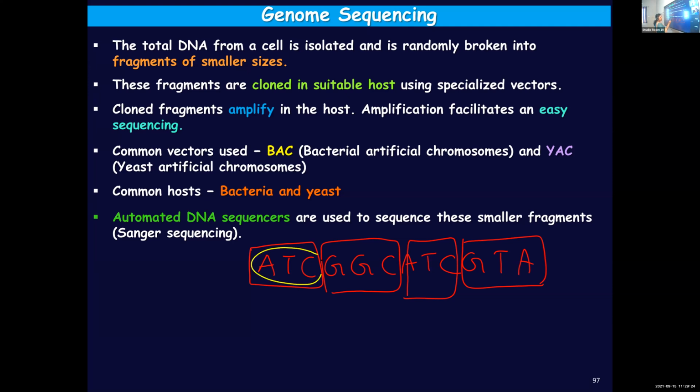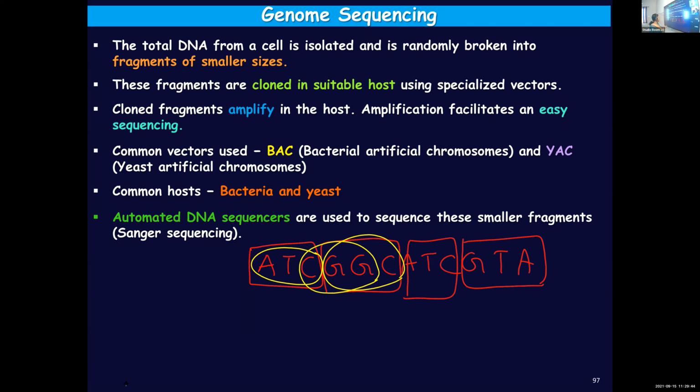ATC forming one codon, the next codon can be CGG, and maybe the other one can be GGC. So overlapping is taking place, and certain nitrogen bases are common for two codons. When this happens, you call it overlapping.